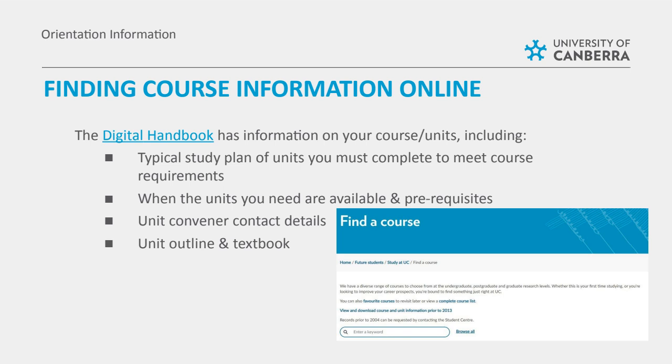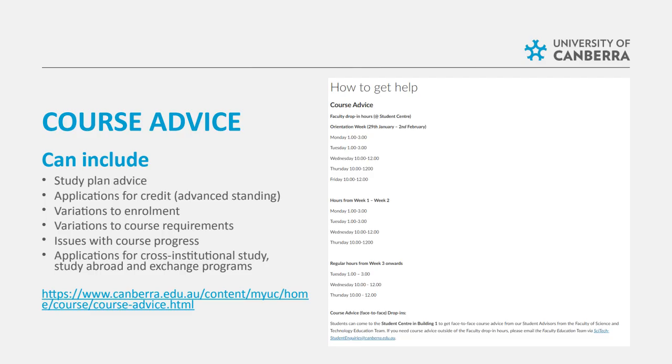You can find information about your courses as well, and that can be done online. You can go to the digital handbook, and that will be very handy for you to see all the different options that we have. Course advice. What is course advice? Well, course advice can include study plan advice, and that's basically part of my role and the education team role as well.